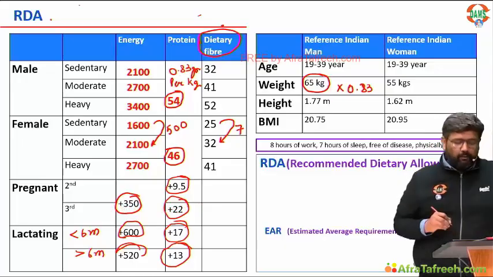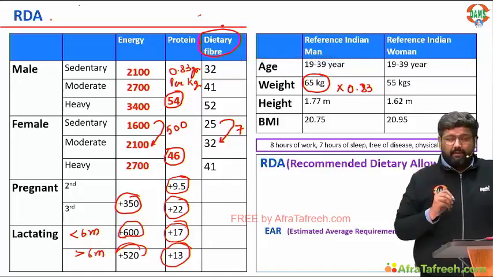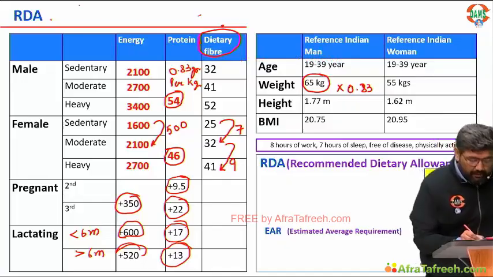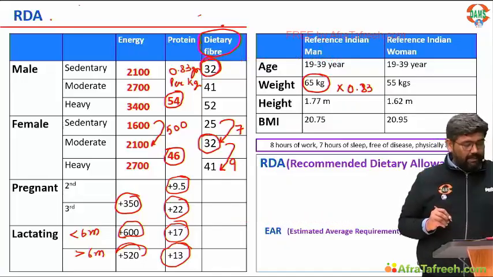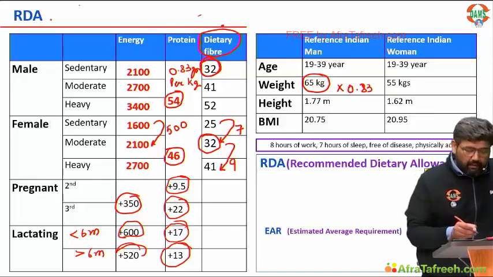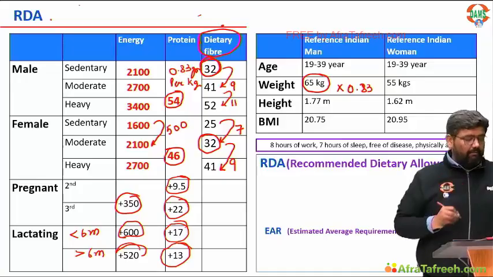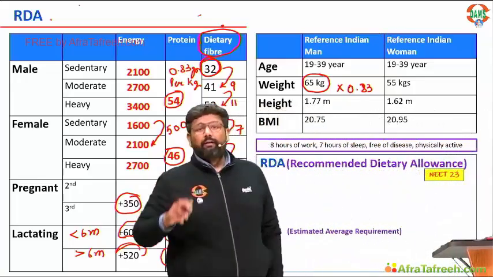Here you have to add 7. Then you have to add 9. Similarly, it will be same for a male. And then you have to add 9. And here you have to add 11. You have to learn 4 numbers with me for dietary fiber.